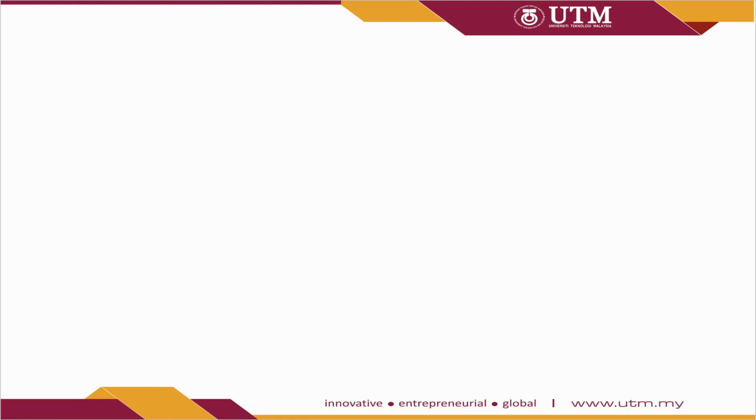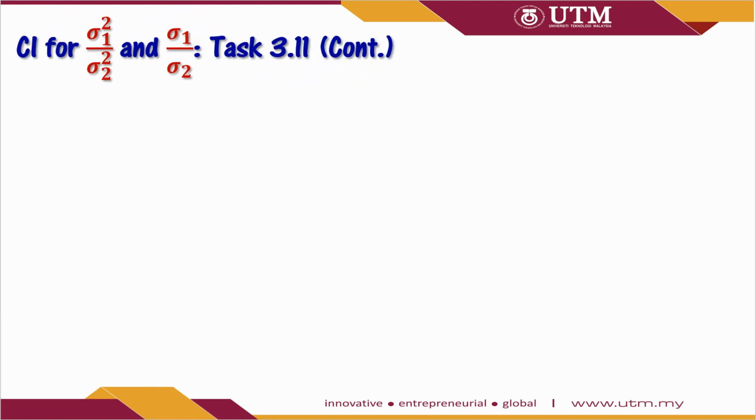We continue with the solution for task 3.11 in this slide. After recognizing all information required to construct the confidence interval and write the information using correct notations, we can now find the answer. The information required can be written like this.